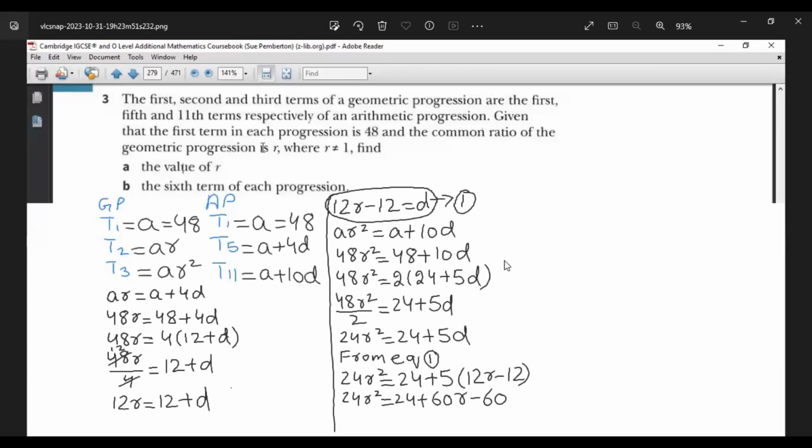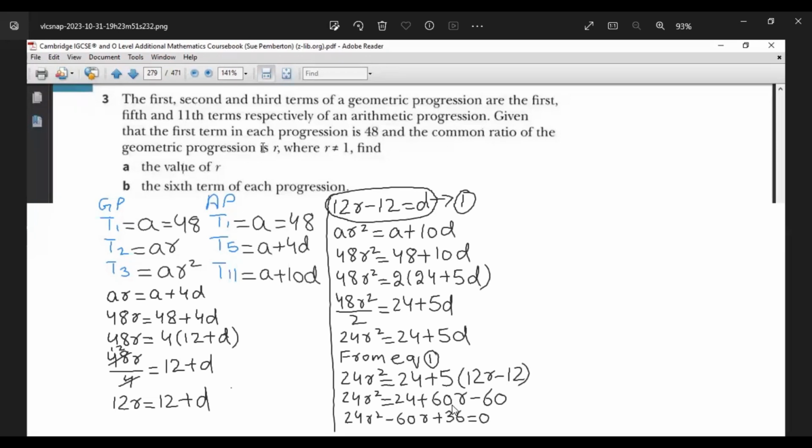So now when I simplify it, I will be getting 24 R square, shifting this over here, plus 60R shifted over here will become minus 60R, and 24 minus 60 will be minus 36, which I will shift over here and it will become plus 36 equals to 0.